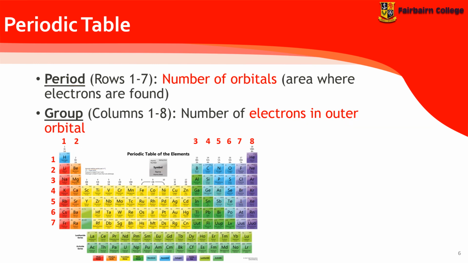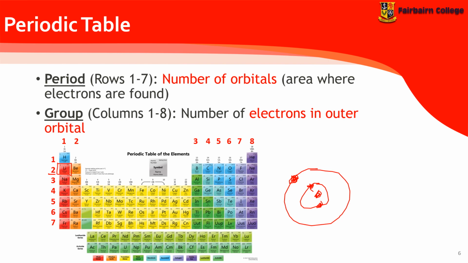Okay, so if we look at an example, let's look at lithium, since we already drew lithium. Then we see that lithium is in period 2. So if you remember, we drew the nucleus and then we drew 2 orbitals. And the first orbital had its 2 electrons. And then there was 1 electron remaining, and it was in the second orbital.